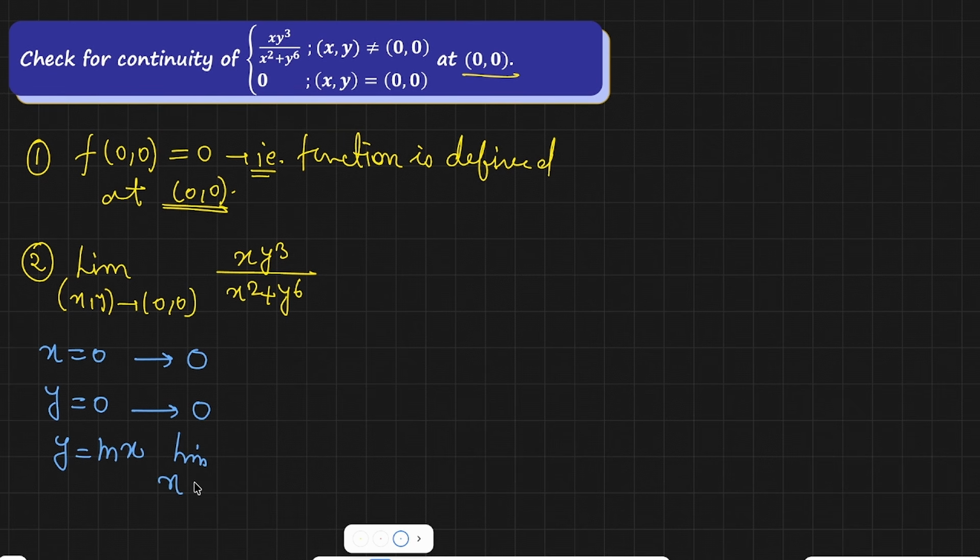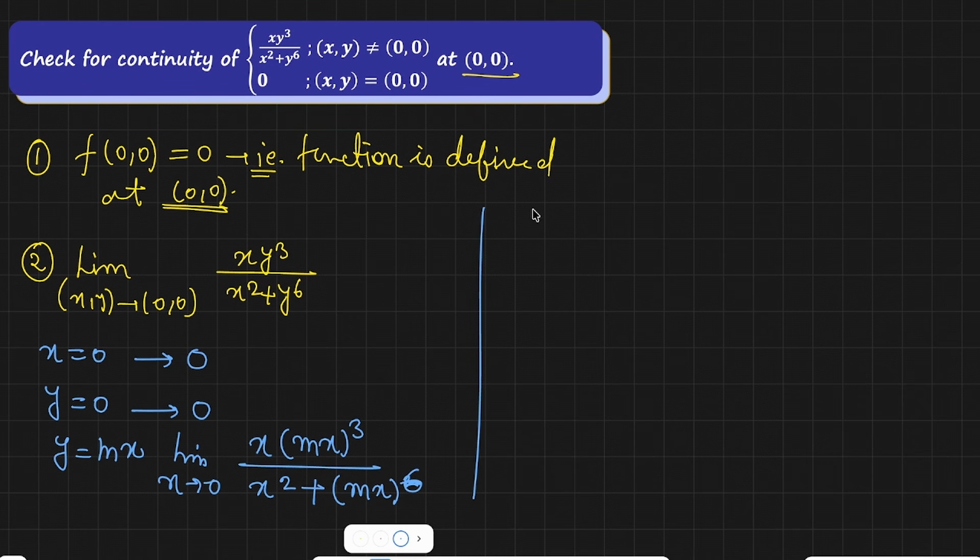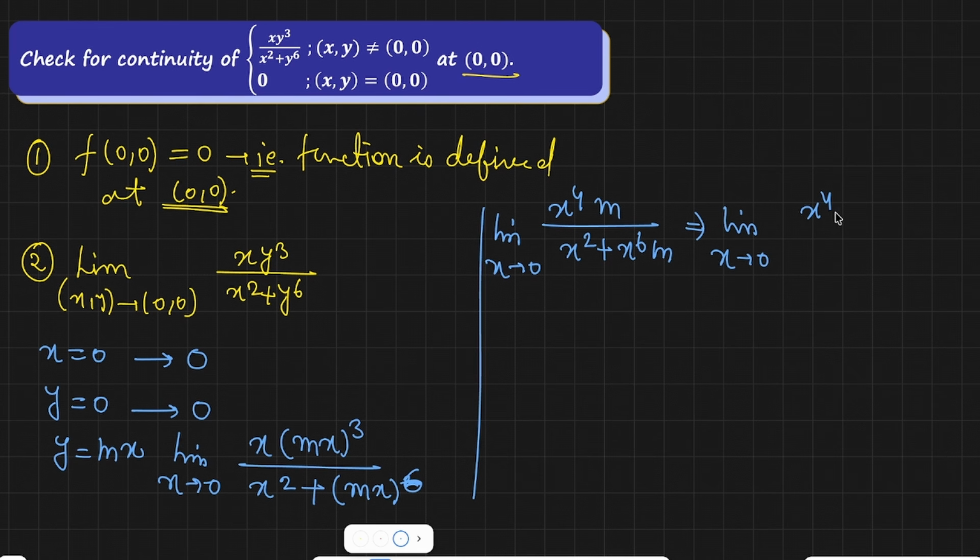The limit as x tends to 0 of x into mx whole cube upon x square plus mx whole square, whole power 6. Now when you solve this, you will get x power 4 into m divided by x square plus x power 6 upon m.